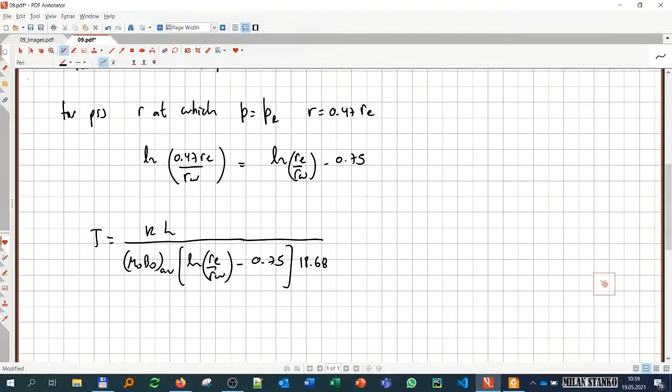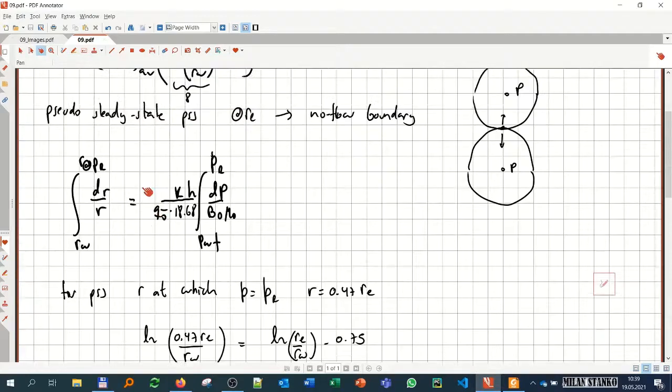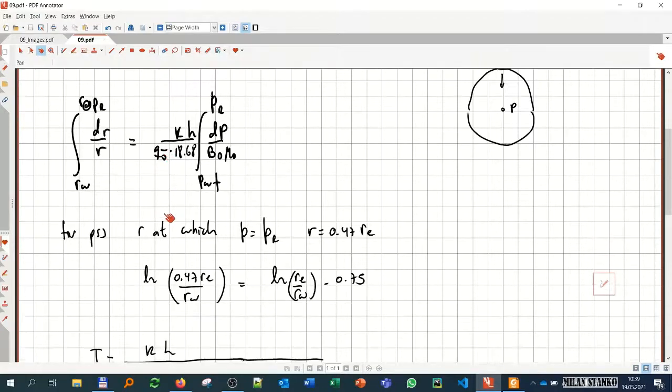You see the change is very minor, and with only that change I can account for pseudo steady state. We did that trick here of assuming Q was constant, but if we do the more formal derivation, we actually get the same value. This is a strategy we're going to use also for other cases, for dry gas and for saturated oil.